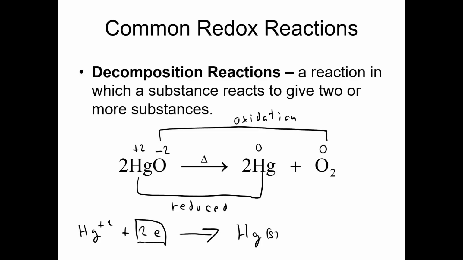If the electrons are on the right side, obviously they're being produced. Loss of electrons is oxidation. So here if we took 2 O -2 and we formed an O2 (0), we would have 4 electrons being produced total here, right? If we wanted to balance that entirely.